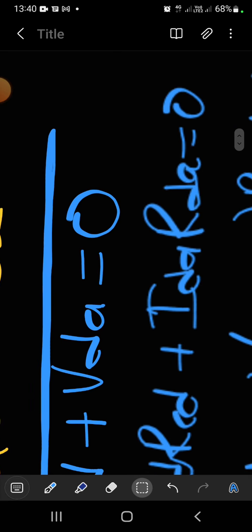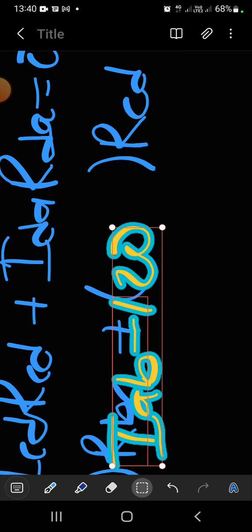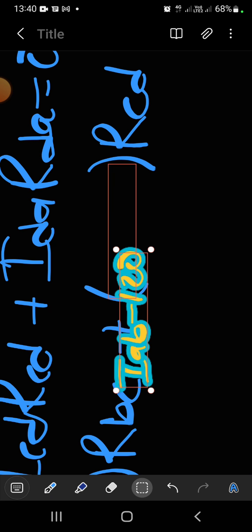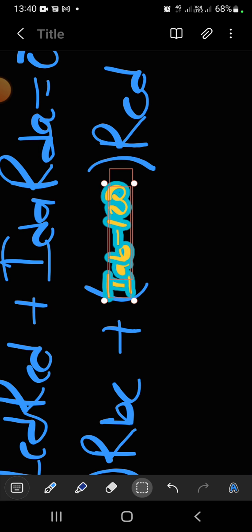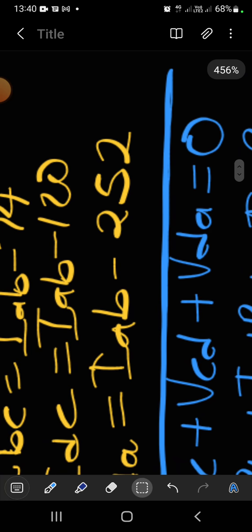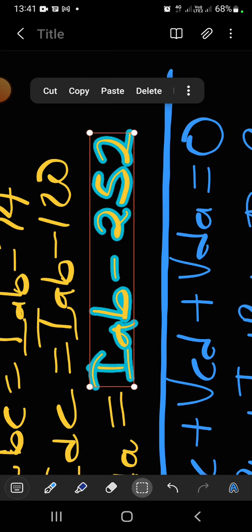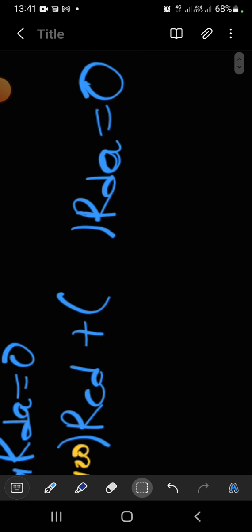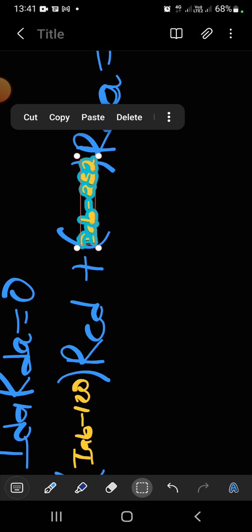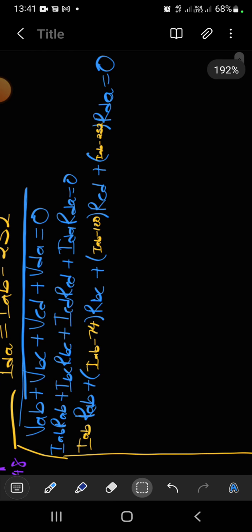Copy, paste, resize. I'm gonna resize it again so it fits the block. Okay, good. And then we have the last current, that's DA. Select and then copy. We come here. This is a small bracket, isn't it? Very small. I hope you can see. And then now multiply or break the brackets.